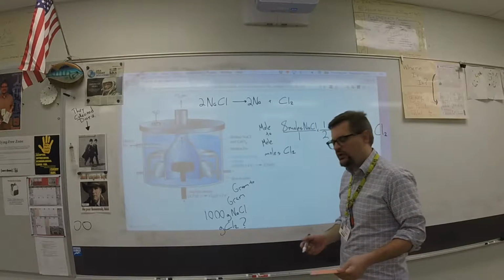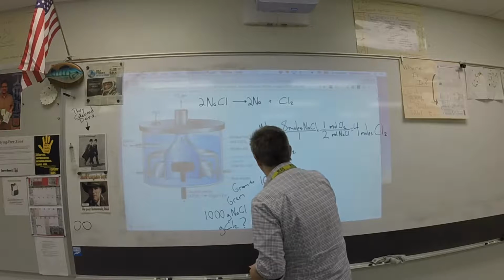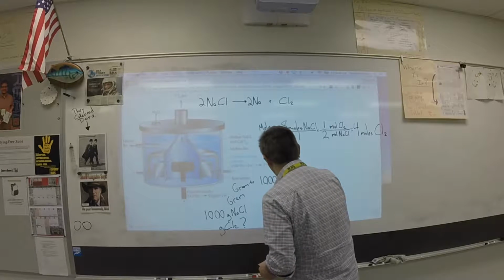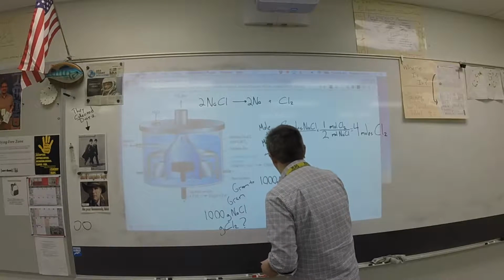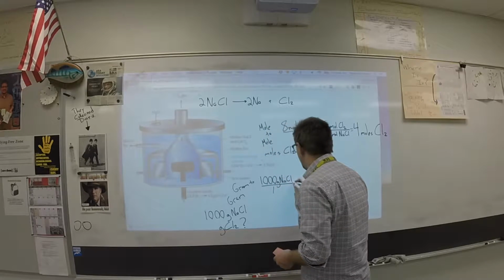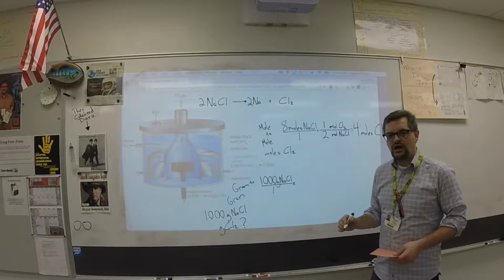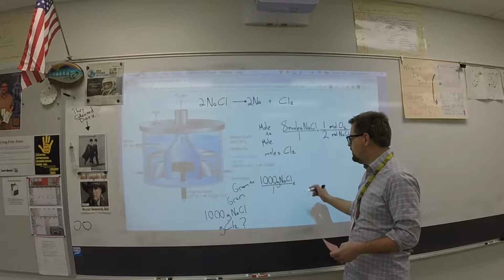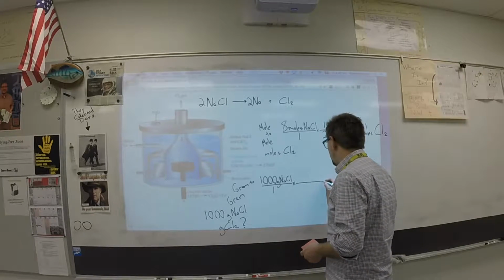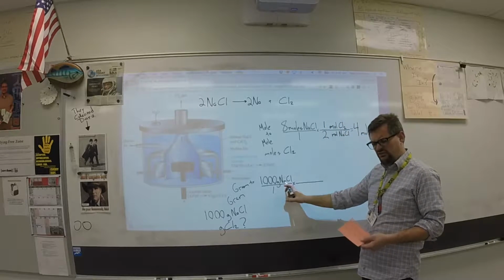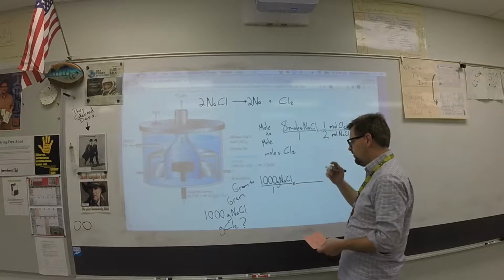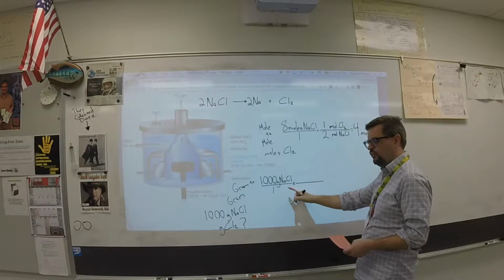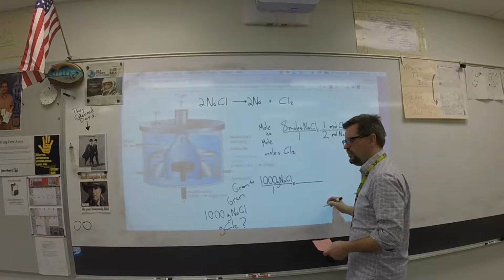So again, factor label method: your given amount you'll put over 1,000 grams of sodium chloride. In a gram-to-gram stoichiometry problem, our next step will be to convert to moles of the substance that we're starting with. So we're going to go from grams of sodium chloride to moles of sodium chloride.